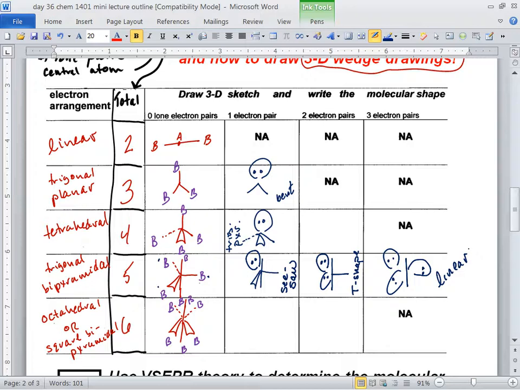It doesn't really matter which one you pop off. You're going to end up with a bent shape no matter what.